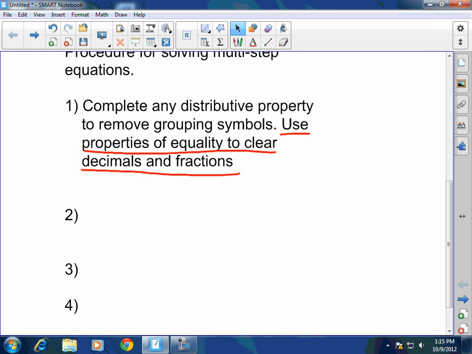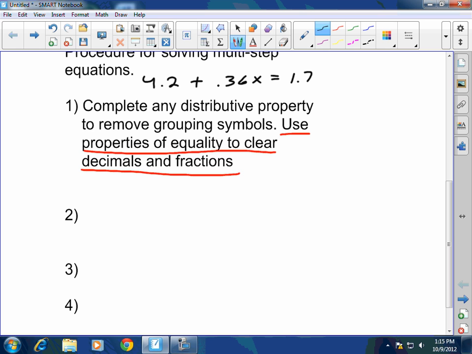What are we talking about? Well, if I've got 4.2 plus 0.36x equals 1.72, I'm going to multiply both sides by 100 to clear out the decimals, correct?